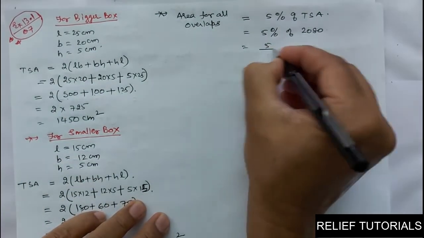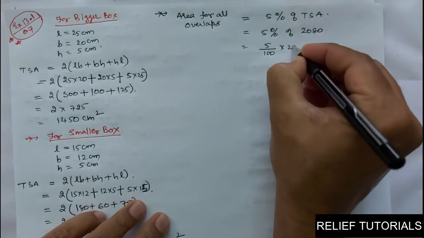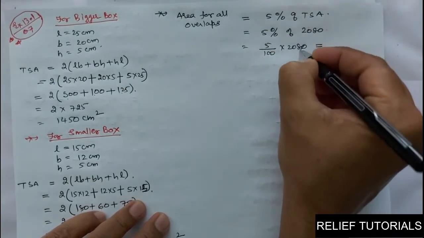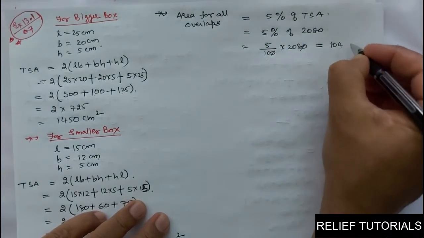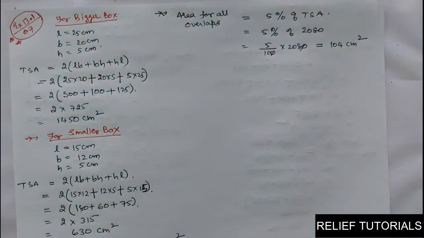So that is 5 upon 100 into 2080. 0 cancel, 5 twos are 10, so 104. So 104 centimeter square is the overlap required for both the boxes.